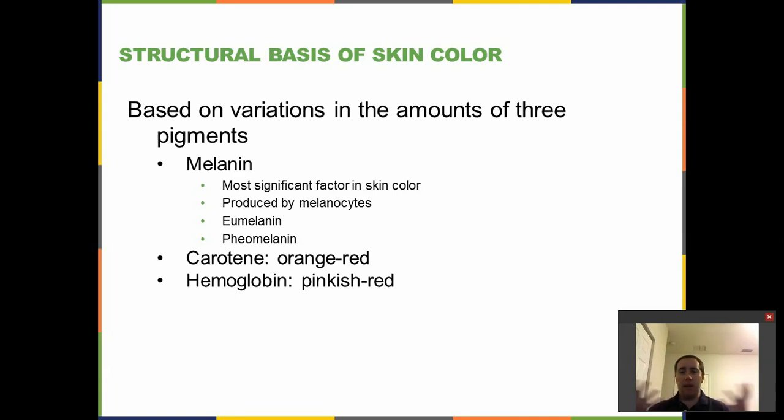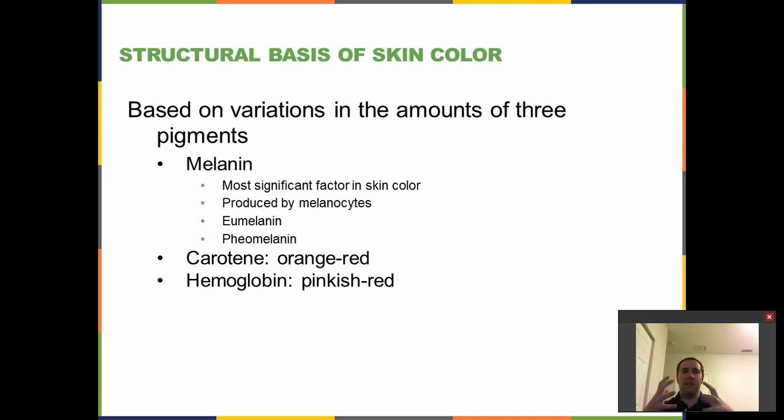We get blood in our skin, or at least directly under our epidermis, in our dermis, and so we can see that. Someone who is light-skinned doesn't have a lot of melanin blocking the hemoglobin that's deeper in the skin, and so we can see it a little bit more.